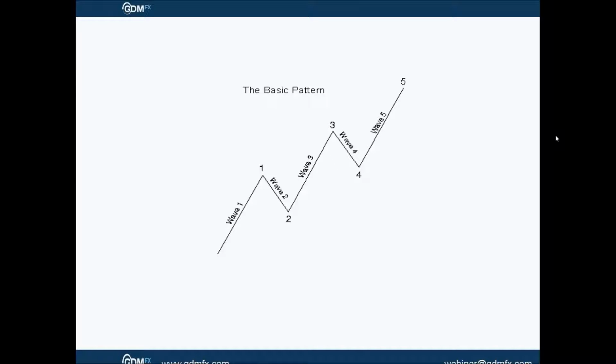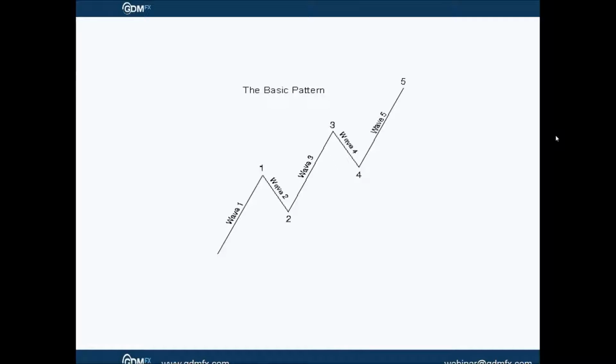The impulsive mode is employed by the 5-wave pattern that you see here, and it's the same directional components, waves 1, 3, and 5. Their structures are called impulsive because they powerfully impel the market.